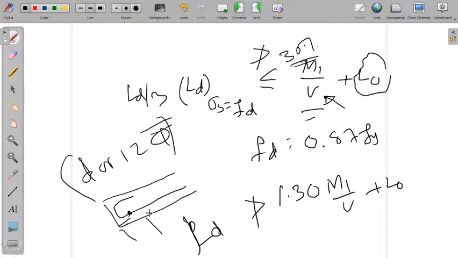This is the case when we have a negative moment. Generally, at least for this beginning part of our course, we will not be encountering much on negative moments, so we will be concentrating only on the positive moment bars.